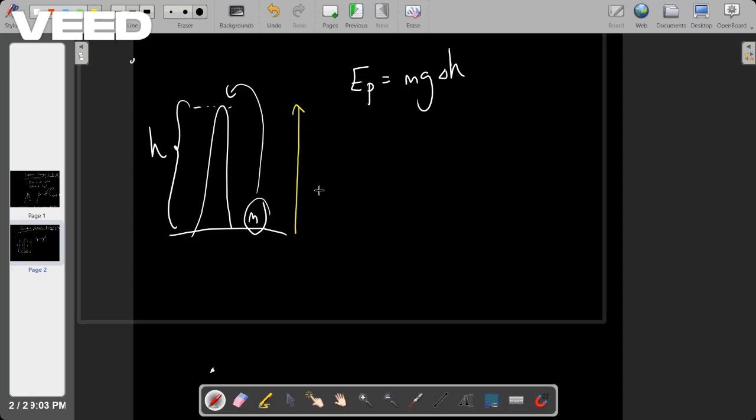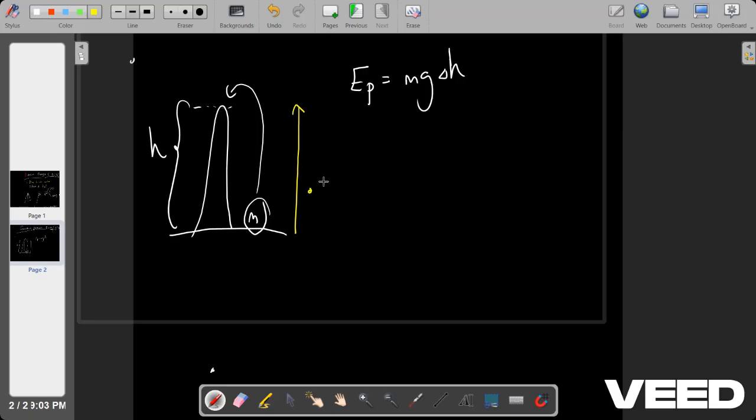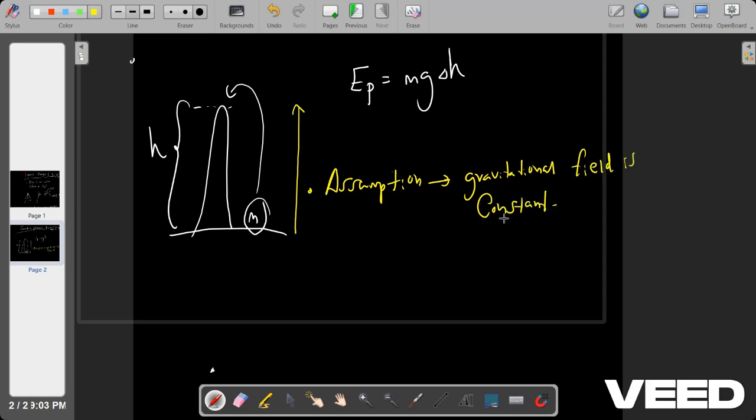The assumption is that the gravitational field is constant throughout.